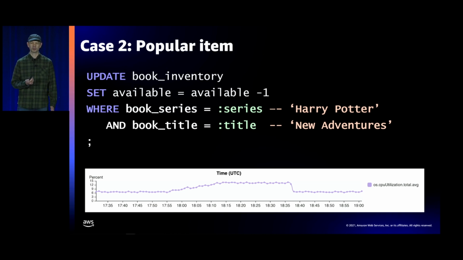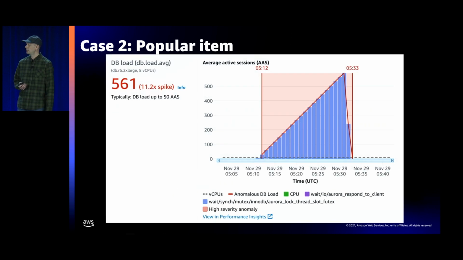So it doesn't look like a problem. However, database load tells a different story, because many queries are now taking longer to run. They start registering as active sessions, and DevOps Guru for RDS picks up on that and sees a high and very unusual spike of database load.